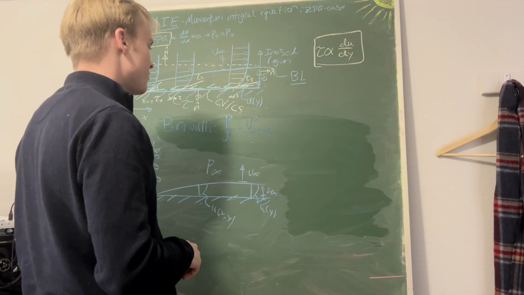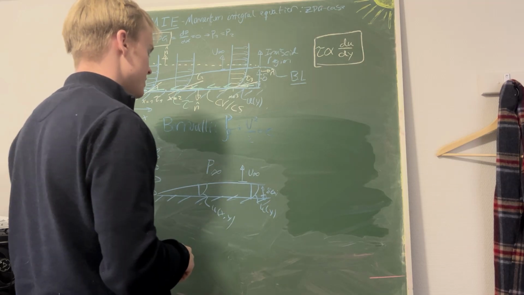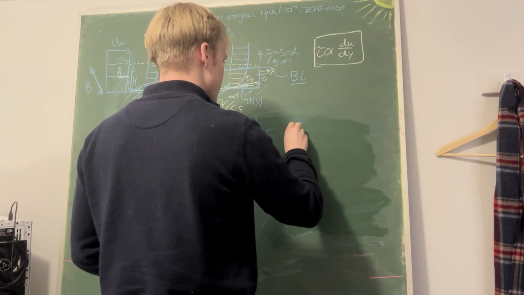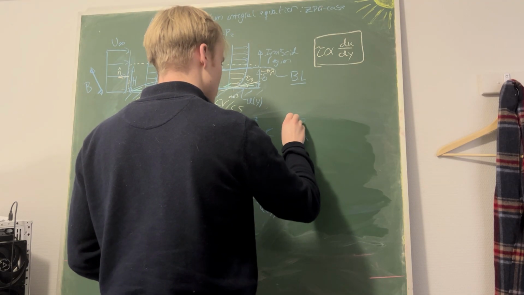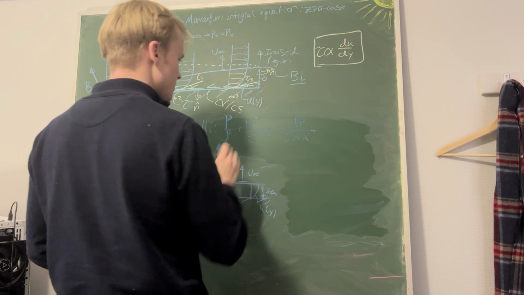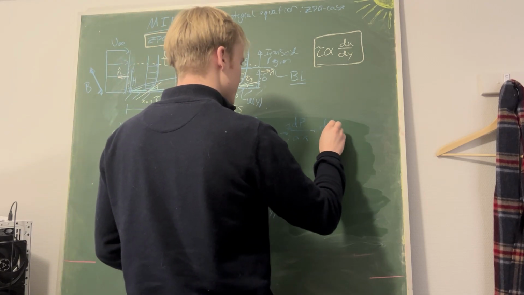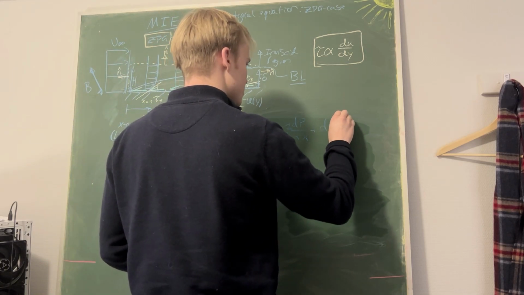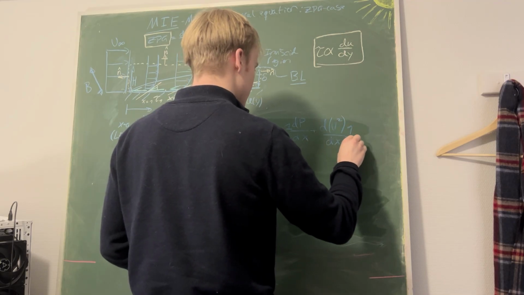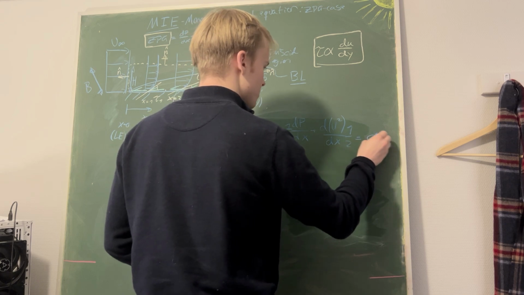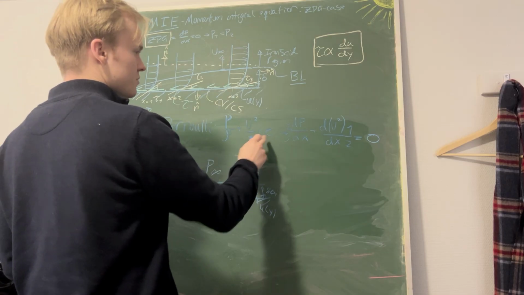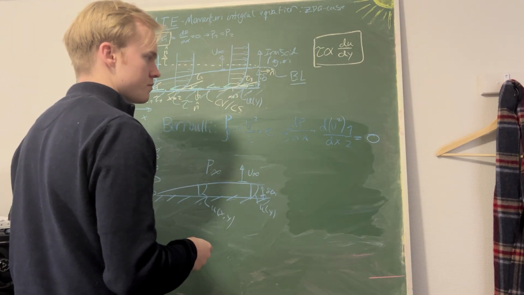And that means that if we differentiate this, we get that dp/dx times 1/rho plus d(u squared/2)/dx is equal to 0, because d/dx of some constant is 0.